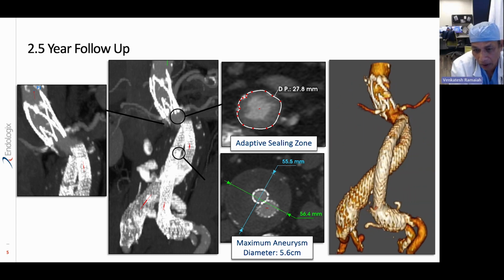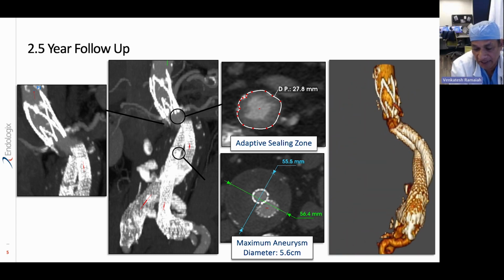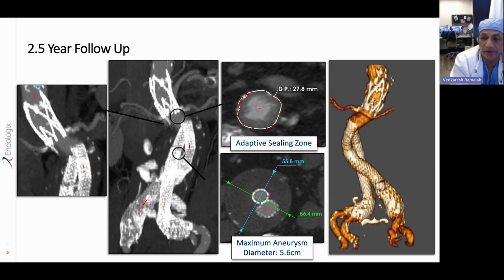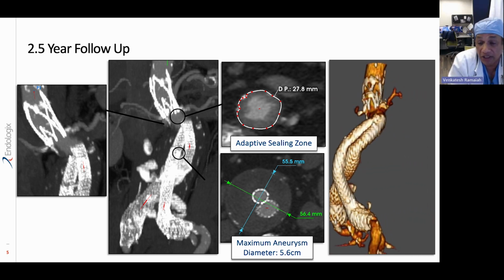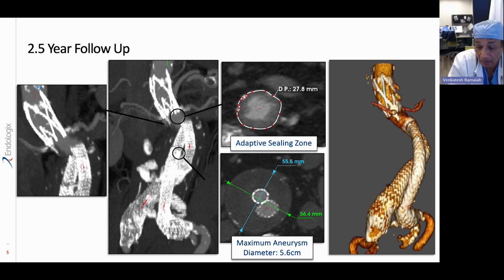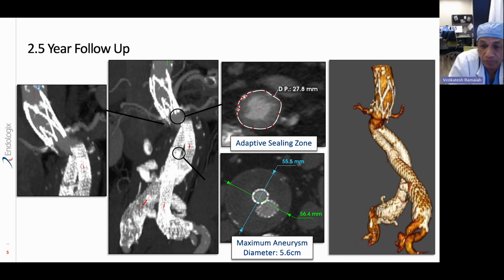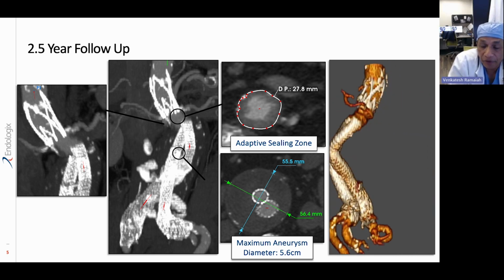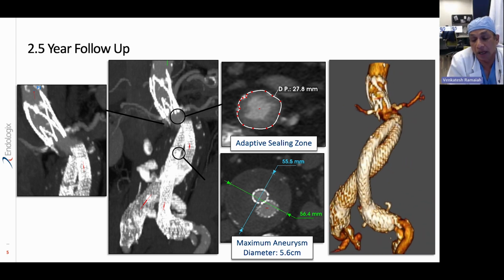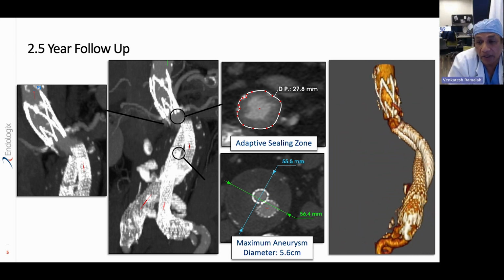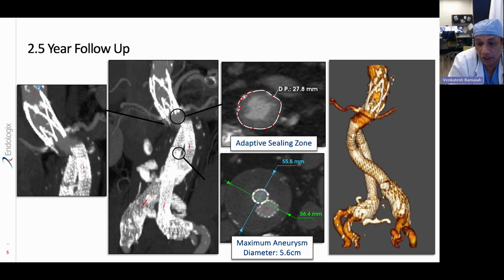You'll also notice that all the contrast is within the aneurysm sac, and there is absolutely no evidence of an endoleak. So this patient has done really well in 2.5 years, but we'll continue to monitor him closely. Again, the features of the ALTO graft allow us to treat patients with complex aneurysms such as this.